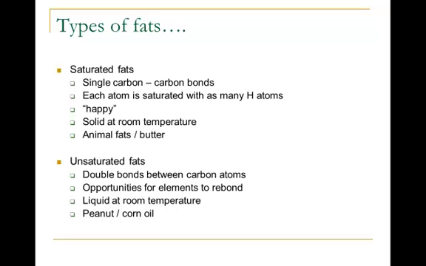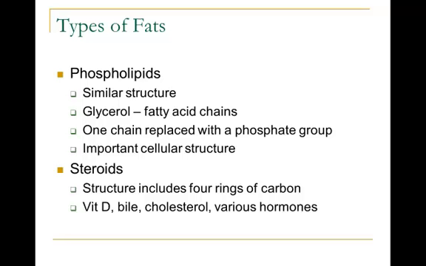Unsaturated fats then have some double bonds, so they can rebond or they can separate and not be so solid inside of us, if you will. They're often liquid at room temperature, so peanut oil and corn oil are good examples of that. Phospholipids, the second kind of fat, have a similar structure to triglycerides, but in place of one of the fatty acid chains, there's a phosphate group.